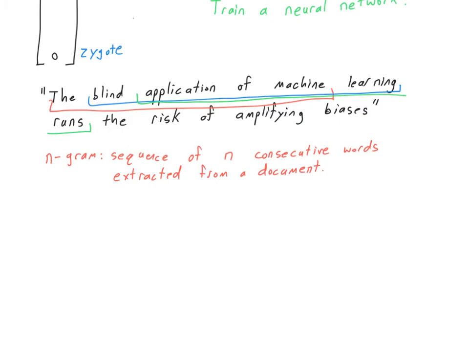N-grams are useful because they can be mechanically extracted from text documents without any prior machine understanding of what the text actually means. And then we can use those n-grams as a source of context in terms of the surrounding words for any particular point in a sentence or document.